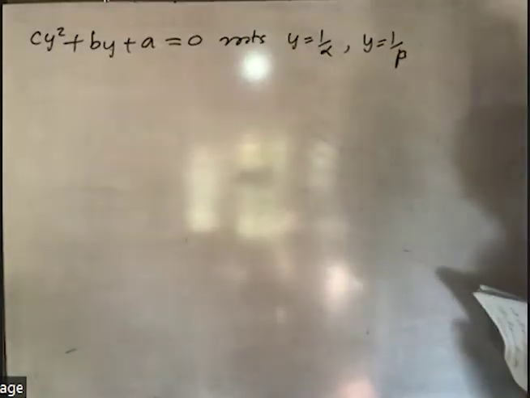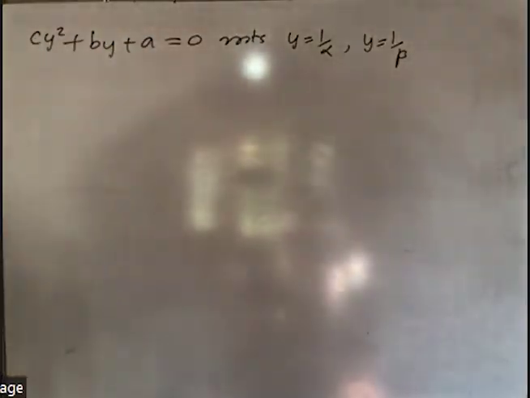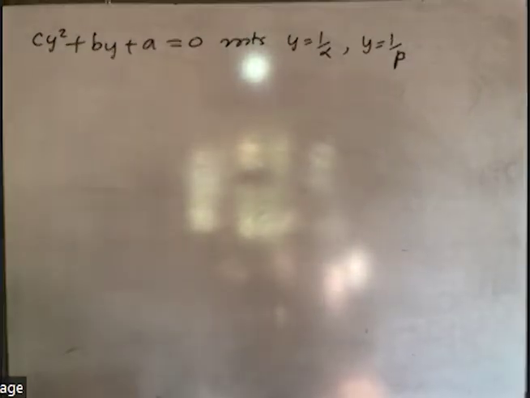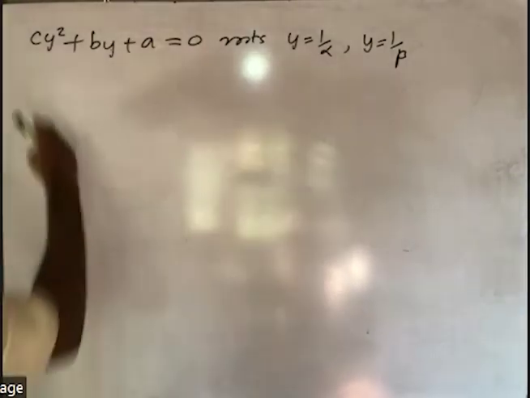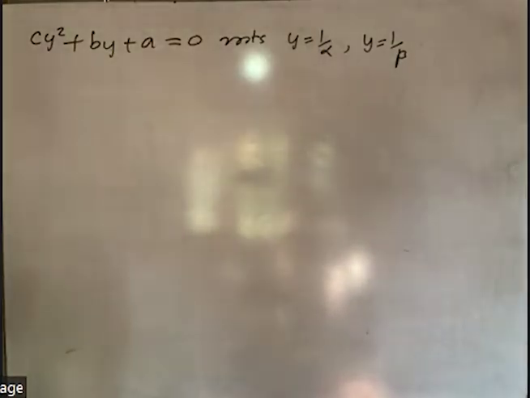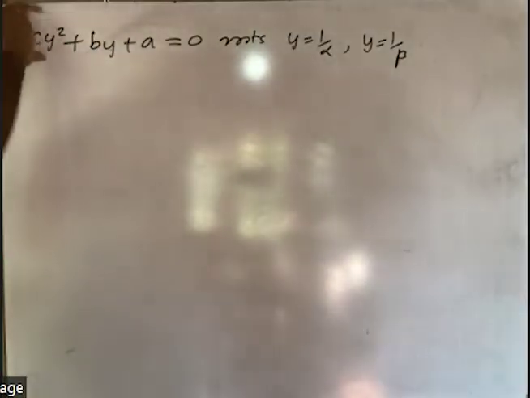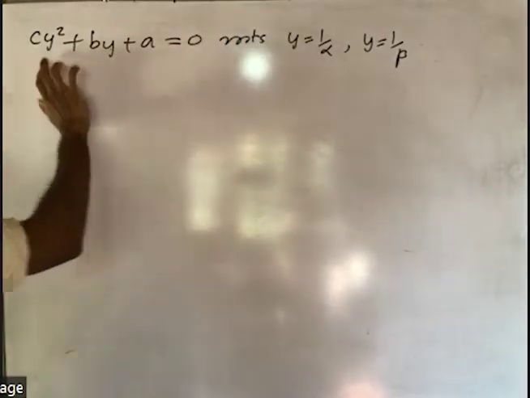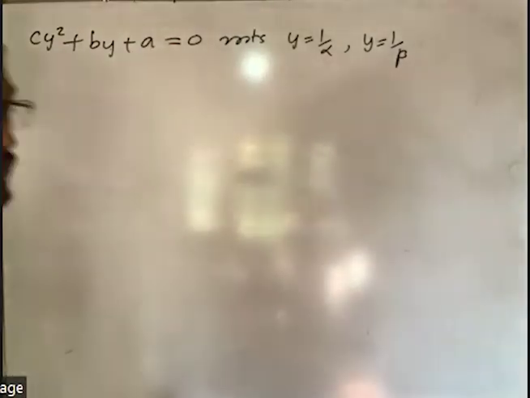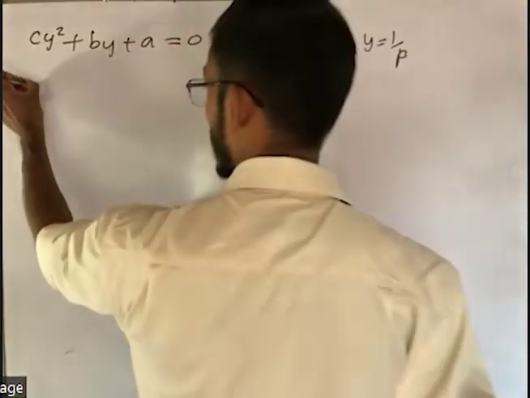Here y is a variable, so we can write any letter instead of y. That equation does not change. Changing the variable by substituting another variable and just writing another letter for this variable are two different things.